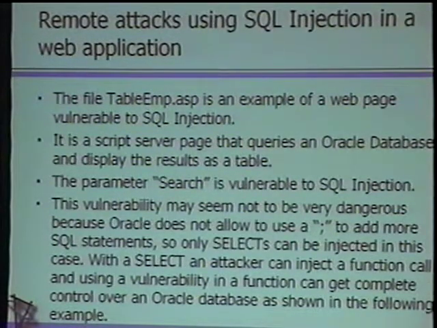Well, as we said before, this vulnerability may seem not very dangerous, but if we can inject a function call, we can do a lot of damage in an Oracle database server.